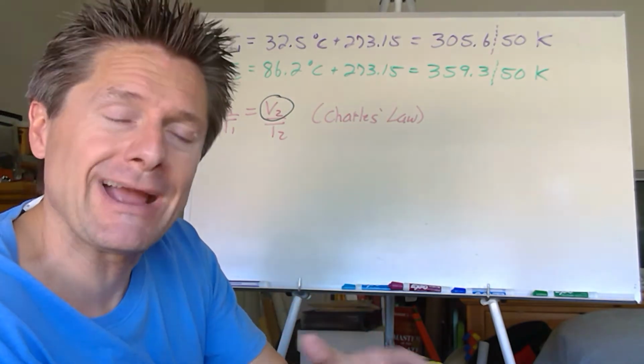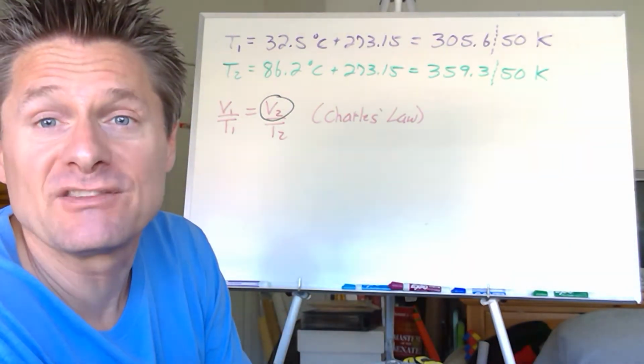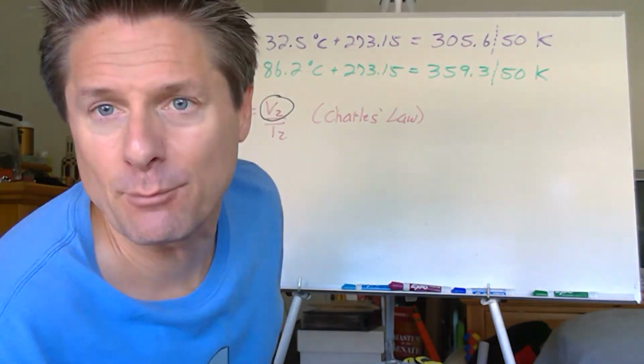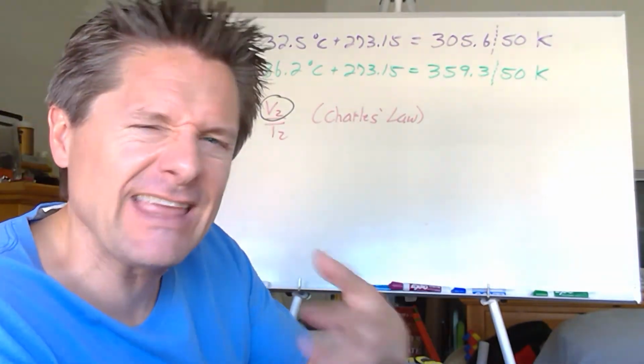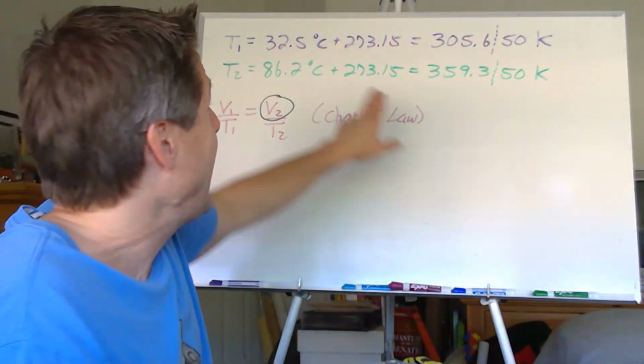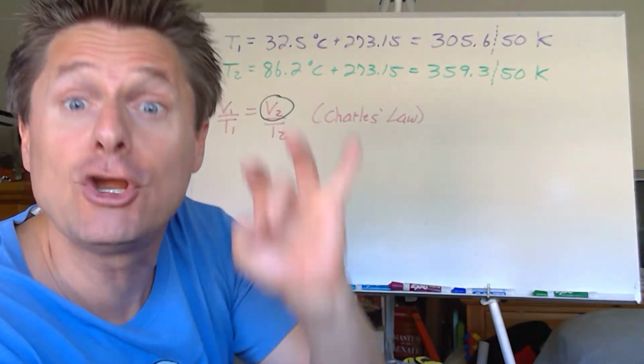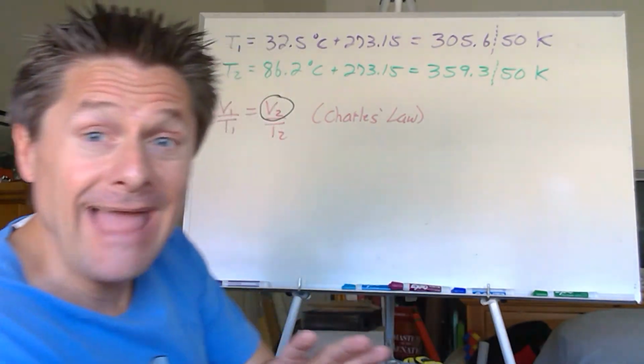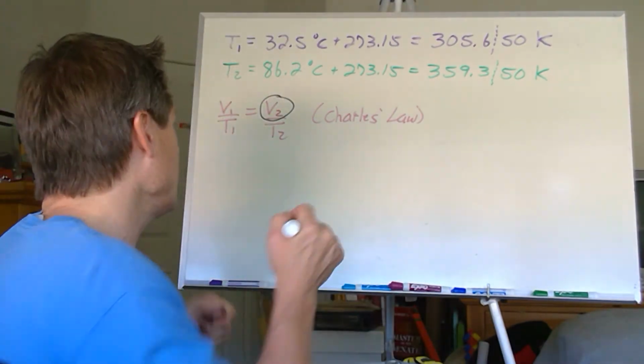So to keep pressure constant, the volume has to expand to counteract the increase in pressure, right? I always like to think in terms of kinetic molecular theory. So at the higher temperature, the volume should go up. So make sure you understand that, right? I should get a higher volume than I started with.